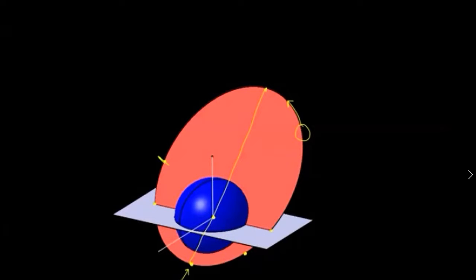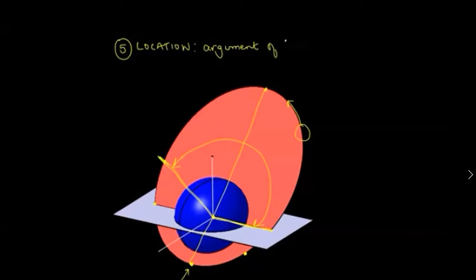Notice that it makes an angle in the orbital plane from the line that joins the ascending node to the center of the Earth, all the way to the line that joins the periapsis to the center of the Earth. That angle there. That angle is our fifth element, and this determines the location of the periapsis. The location. And the nomenclature is the argument of the periapsis.